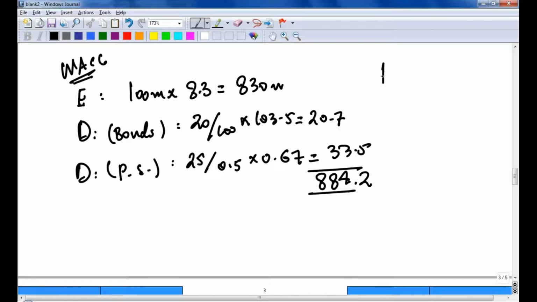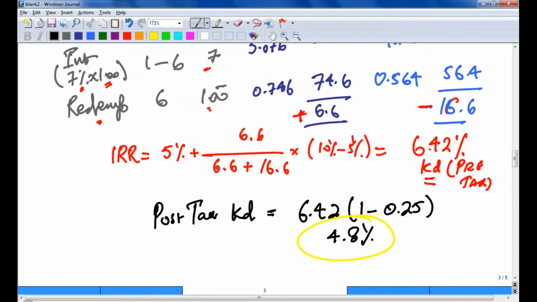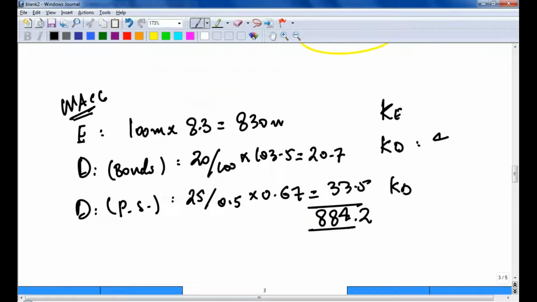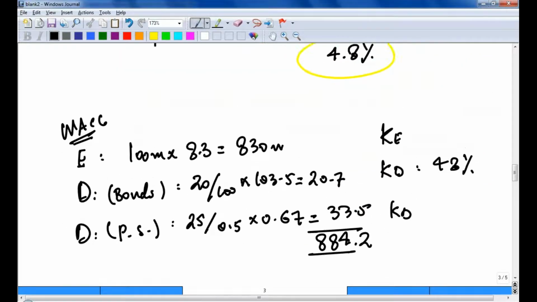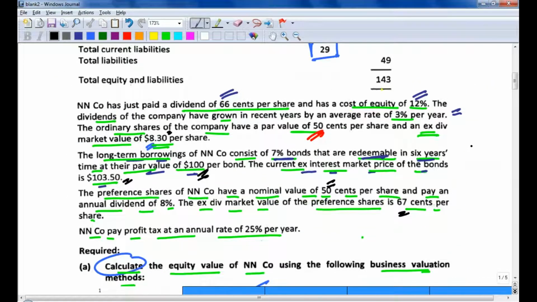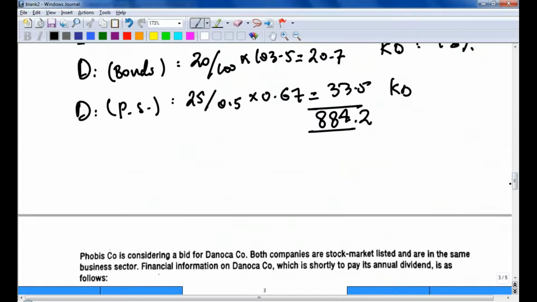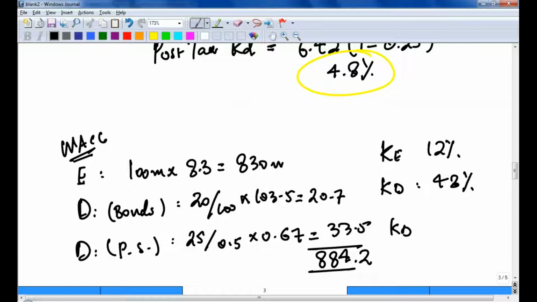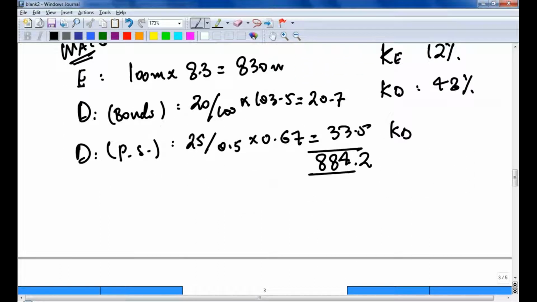Now, another thing. What is KE? What is KD here? Here we have calculated the KD, 4.8% after tax. KE is also already given in the question, 12%. Now the KD with reference to preference shares needs to be calculated.